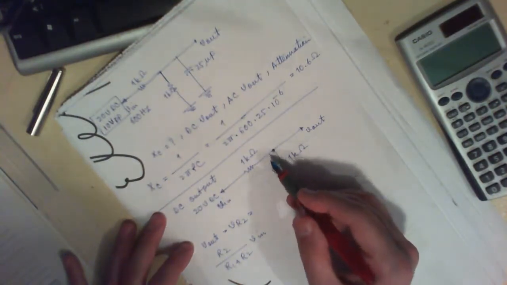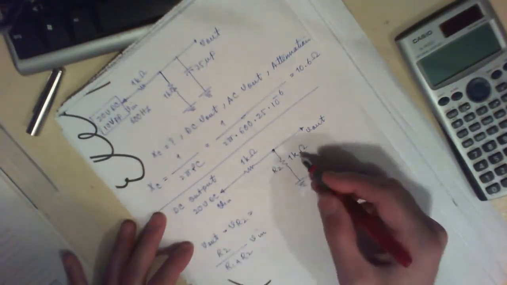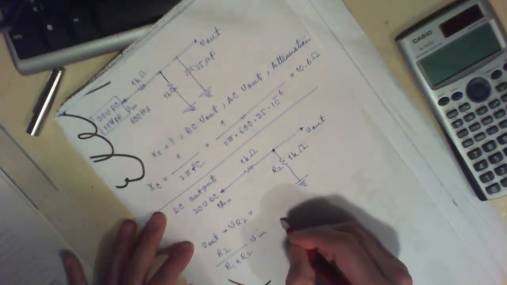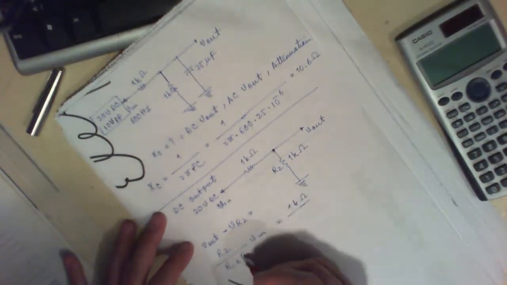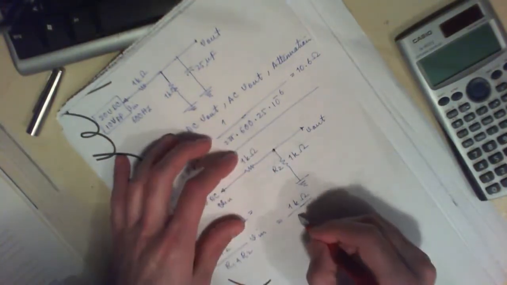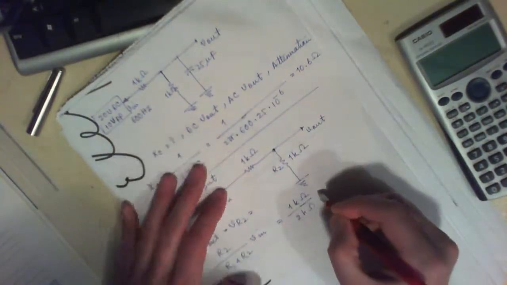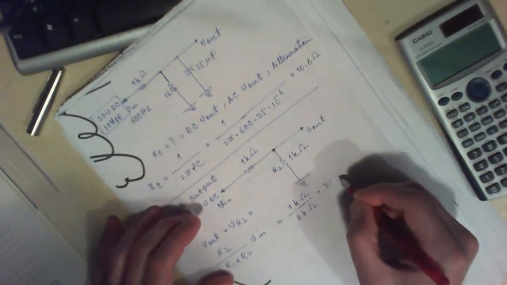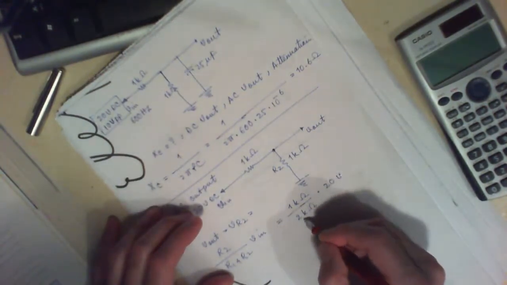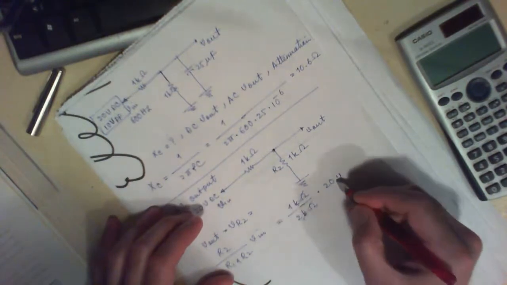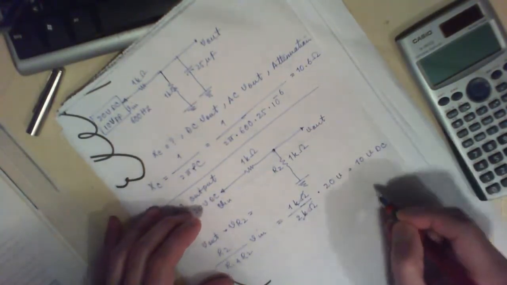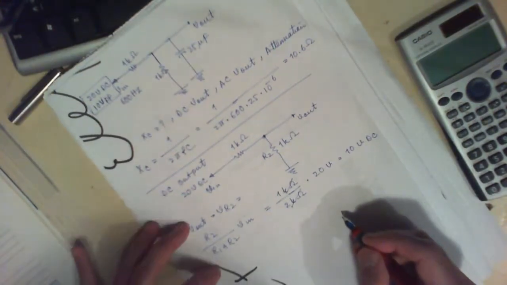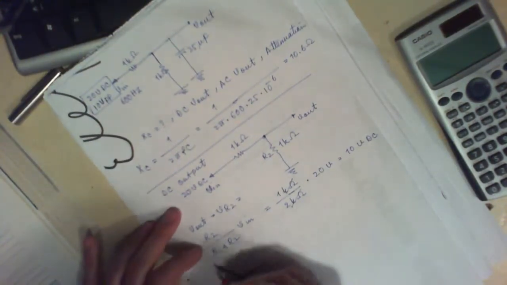So that's 1 kilo ohm over R1 plus R2, which is 2 kilo ohm, times V of in, which is 20 volts. These cancel out, so we have 1/2 of 20 volts, which is equal to 10 volts DC. So that's your DC output.